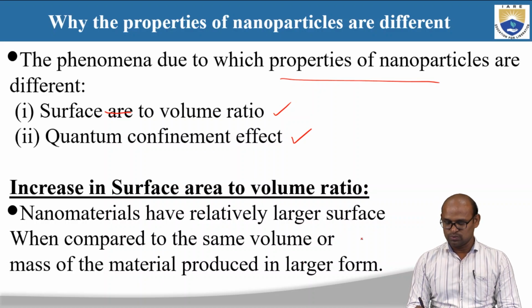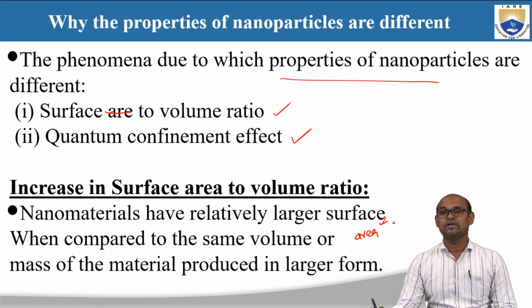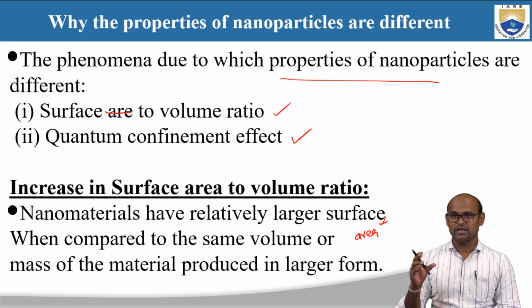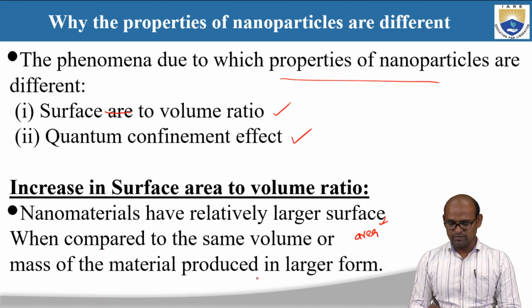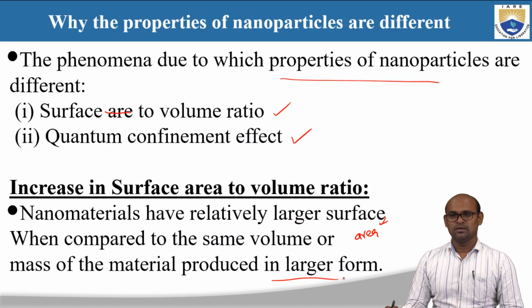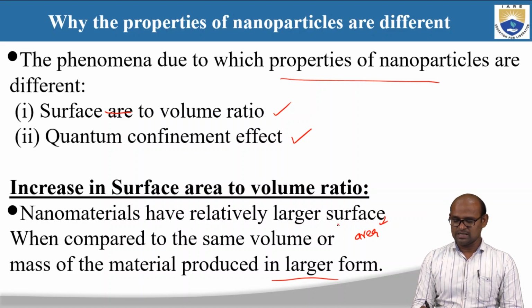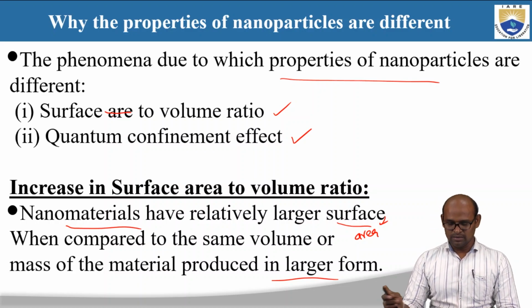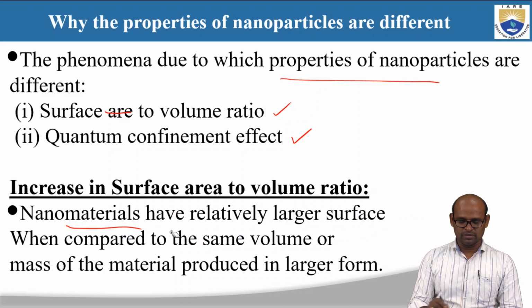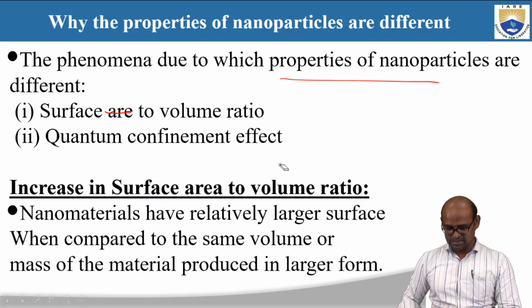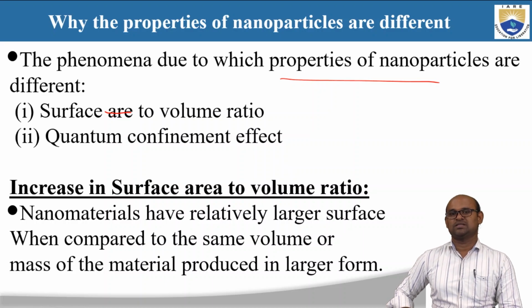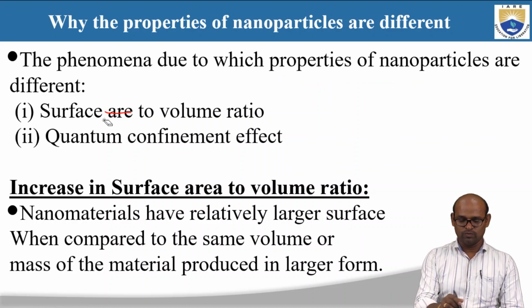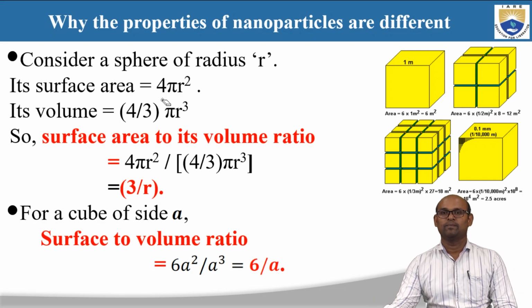If you look at the surface area of a nanomaterial and compare it with the same volume of material in bulk form, we will find that the surface area of the nano-sized material is more. So why does this surface to volume ratio increase for nanomaterials? That we will see.